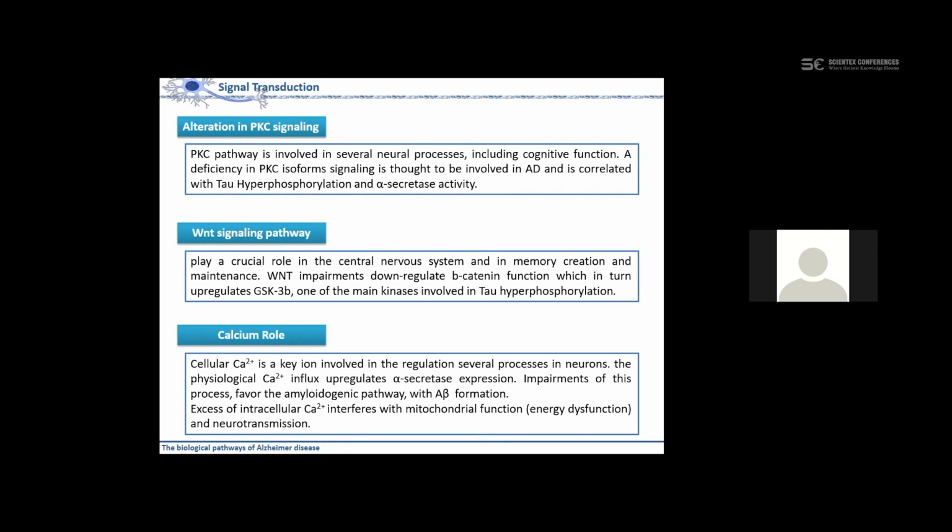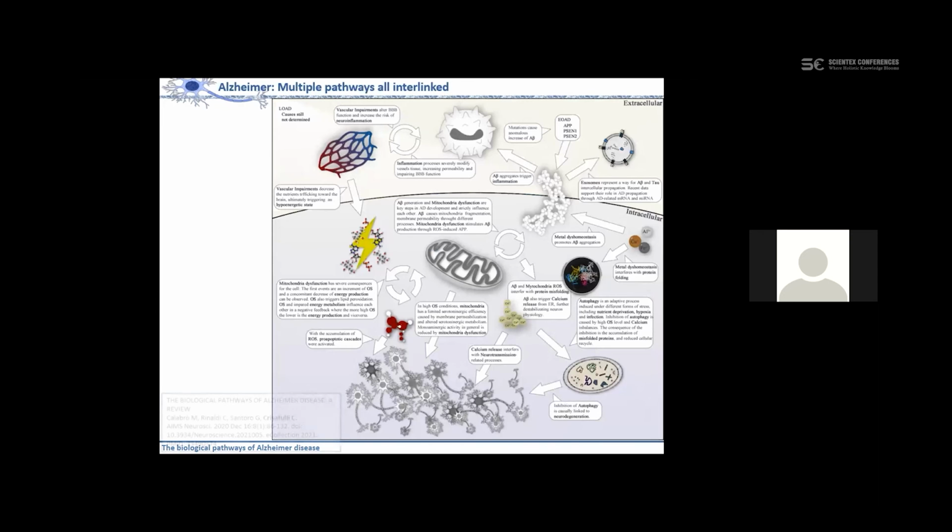Excess of intracellular calcium interferes with mitochondrial function, so we have an energy dysfunction, and interferes also with neurotransmission. Relevant and curious is that all these processes, all these pathways that we know, are in different ways related to each other.